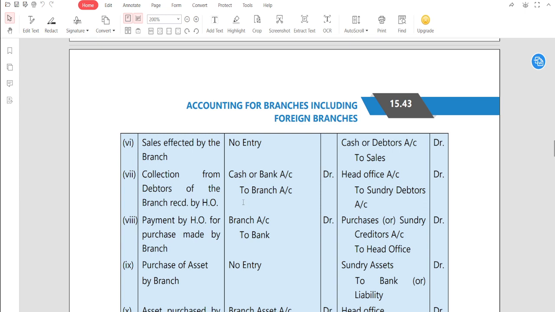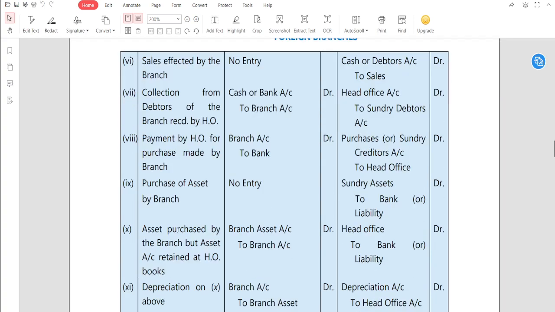HO, so HO is debited. In the books of HO, bank account should be debited and branch account should be credited, because HO received money, and the branch is treated like a debtor. So bank account debit to branch. That's very easy.